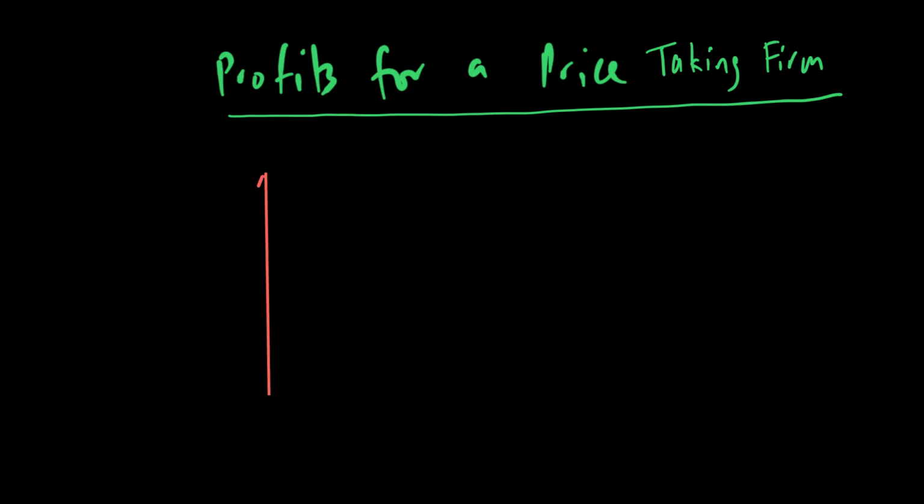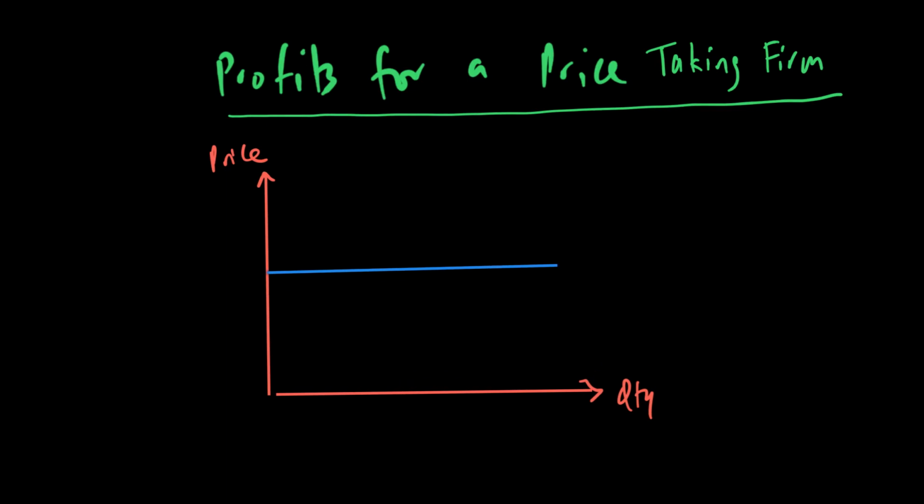So let's make a perfectly elastic demand curve, which is also my average revenue, which is also my marginal revenue, and we know is also our price. So the demand curve is like this, a perfectly elastic demand curve for a firm where demand is equal to MR, which is equal to AR, which is also equal to price.